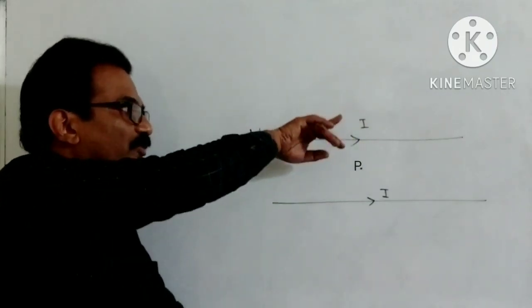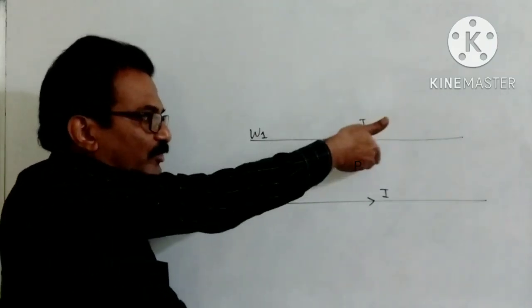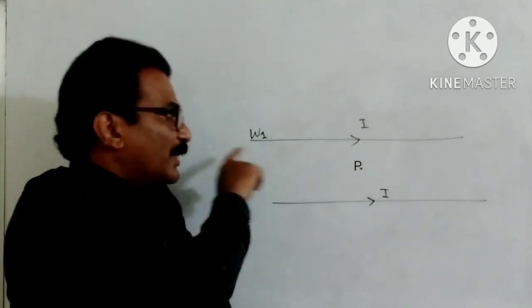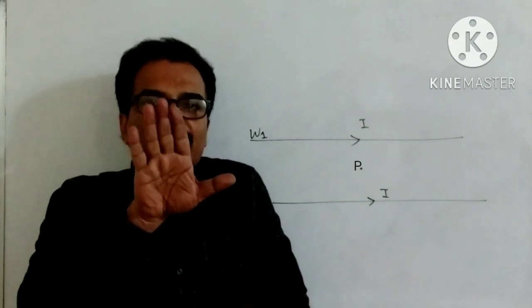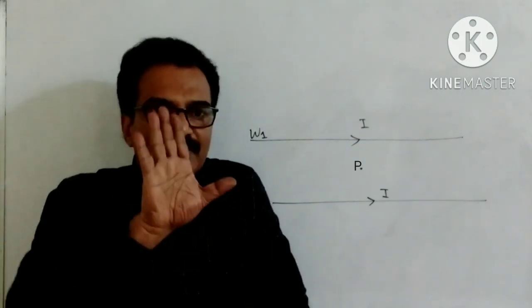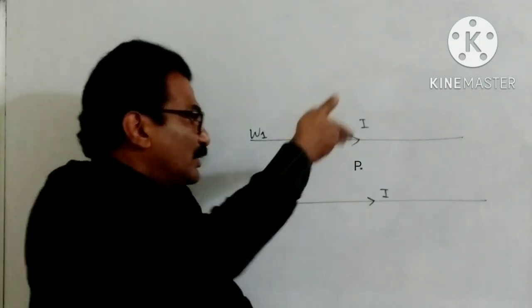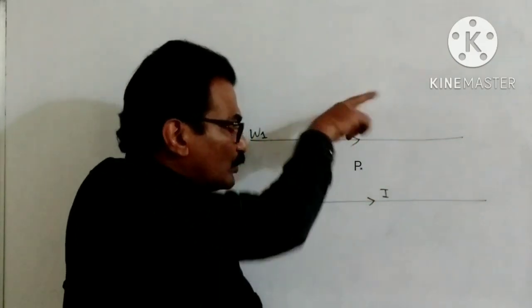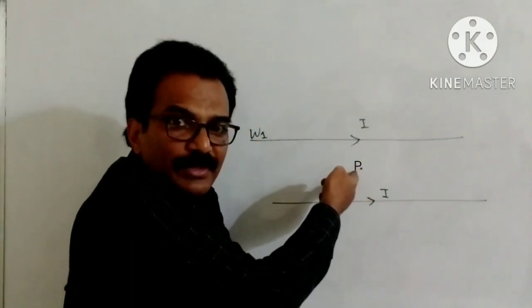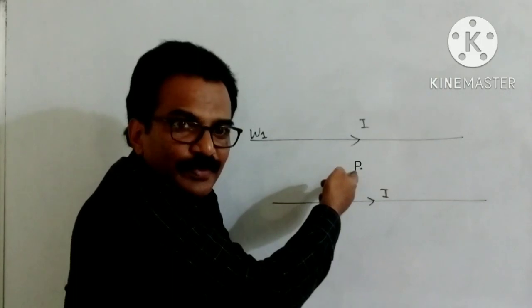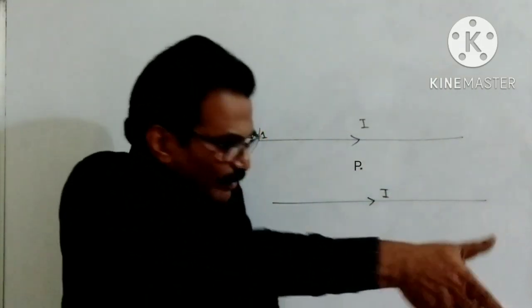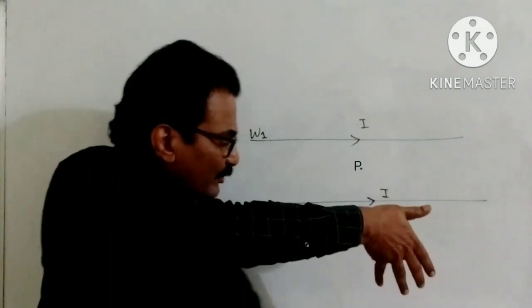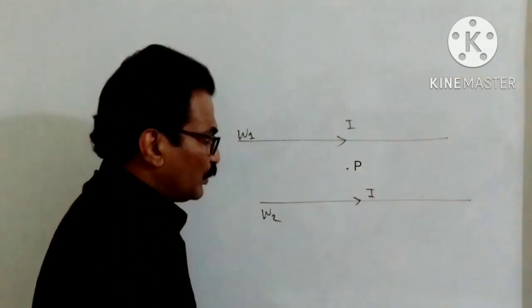The thumb must be in the direction of current, so it will be like this, inward, towards the board. And in this case, the field is towards us, outwards.